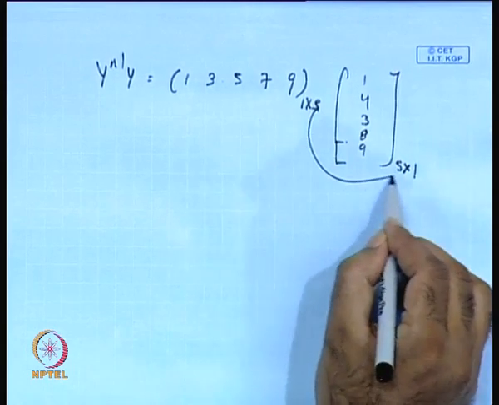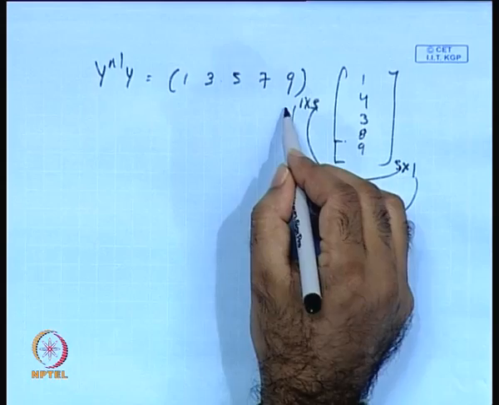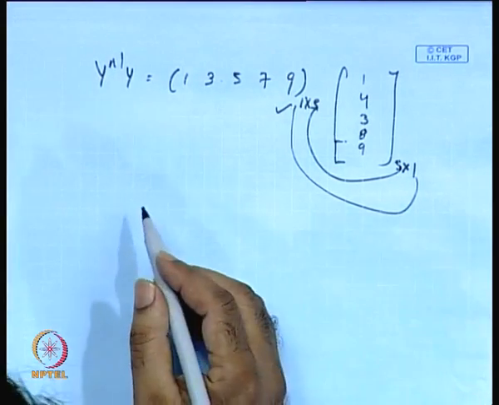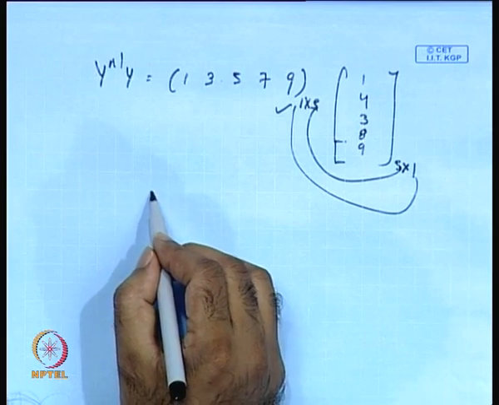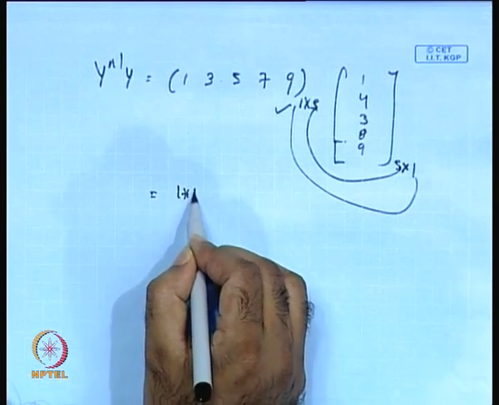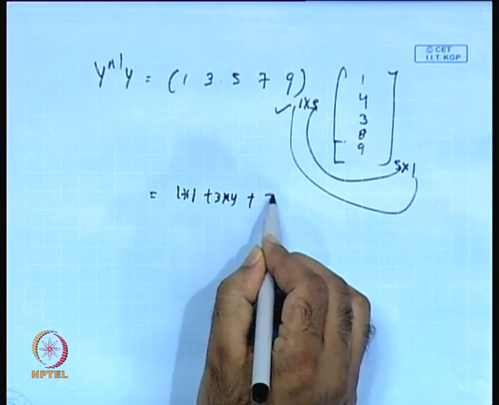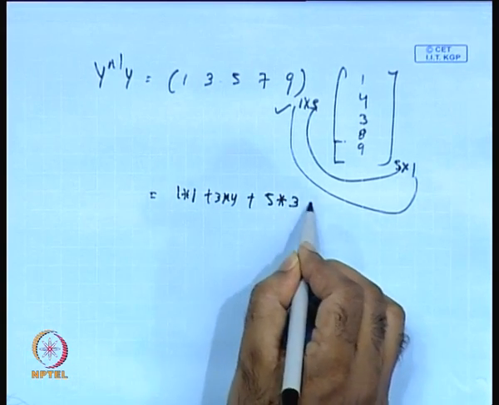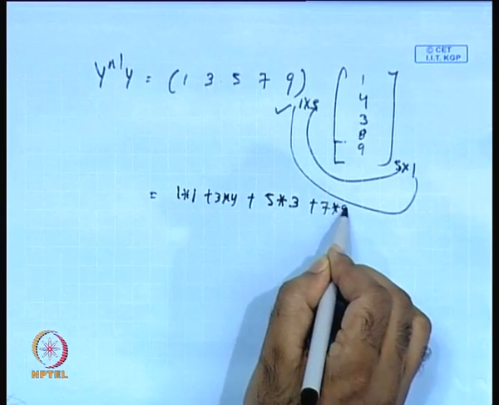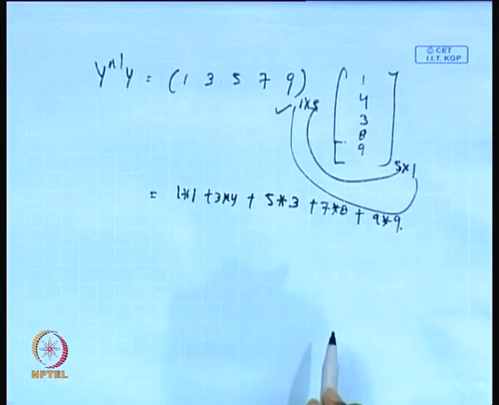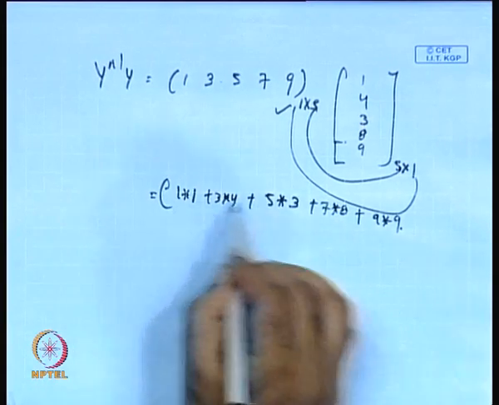So the 5 cancels, and ultimately we will get a 1 into 1 matrix. For that we compute 1 into 1 plus 3 into 4 plus 5 into 3 plus 7 into 8 plus 9 into 9.